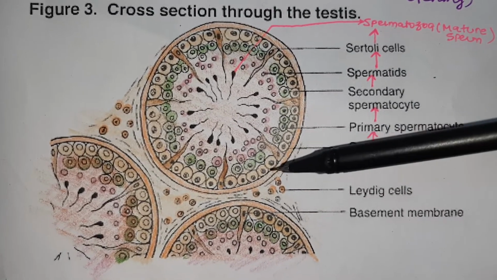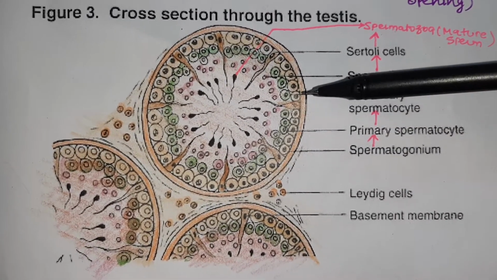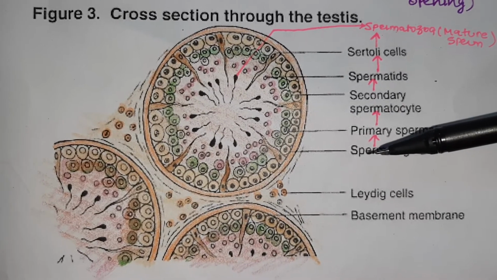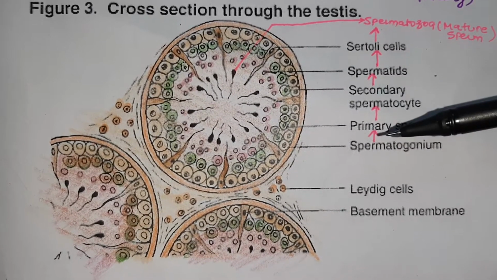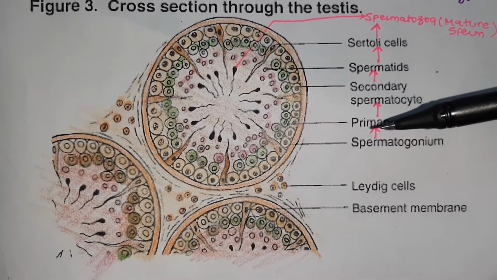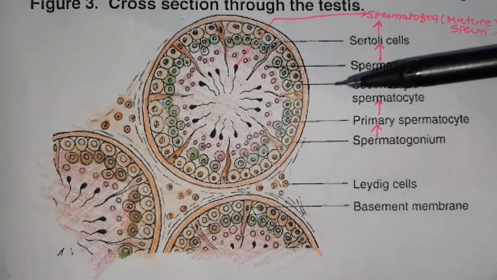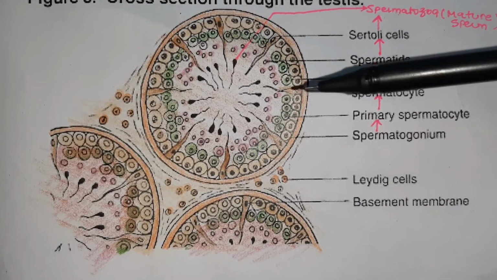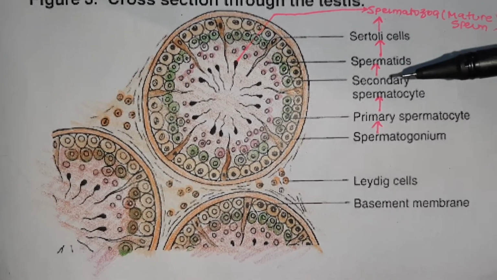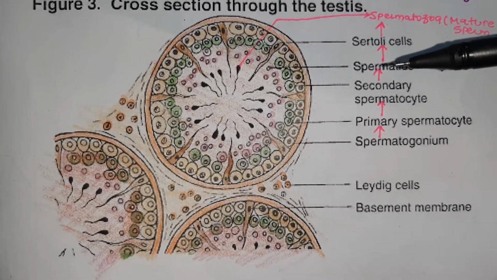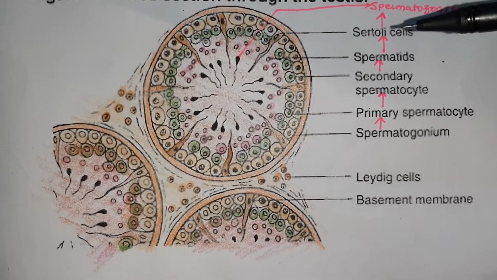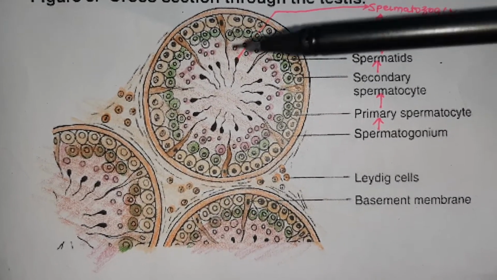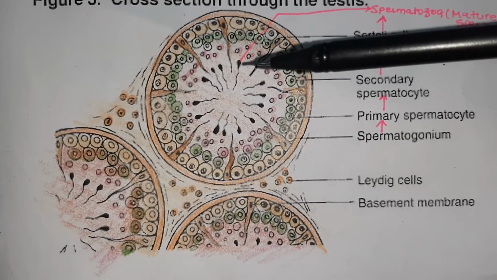So here you can see there is a first layer, we call it spermatogonium. From spermatogonium primary spermatocytes are formed. From primary spermatocytes several secondary spermatocytes are formed which further differentiate to form spermatids, and then spermatids with the help of Sertoli cells further differentiate to form the spermatozoa.